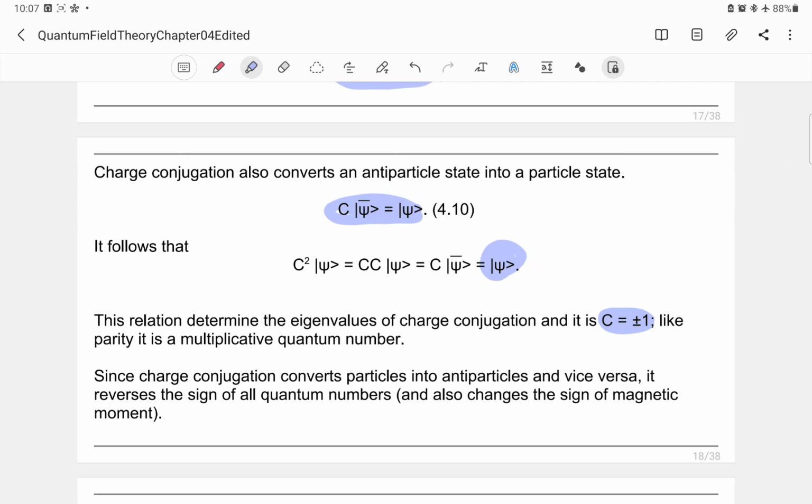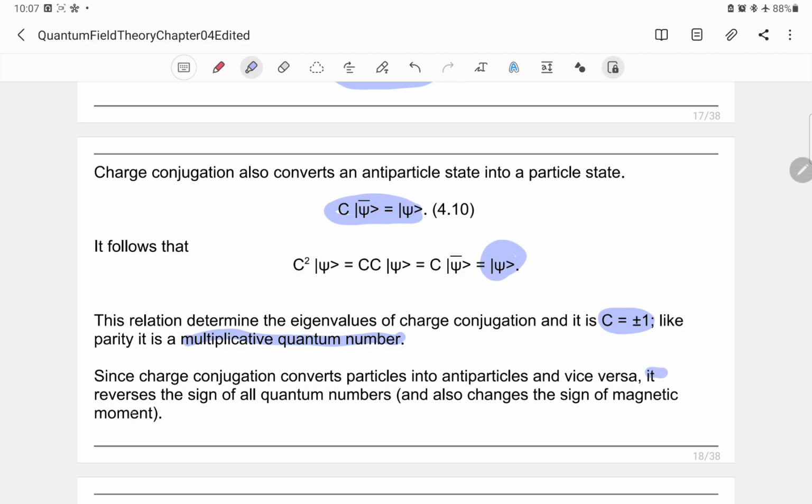Also, charge conjugation is a multiplicative quantum number. Now, this is an important note if you're really serious about particle physics. Charge conjugation converts particles into antiparticles and vice versa.